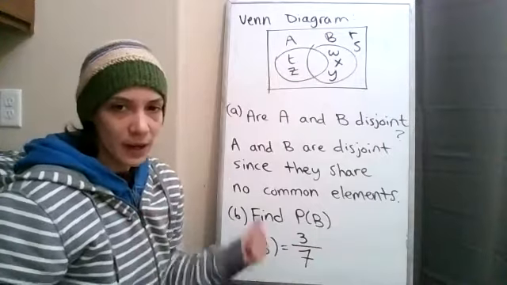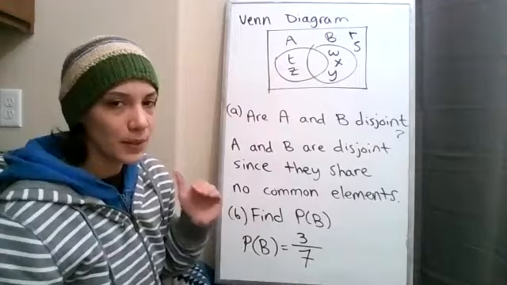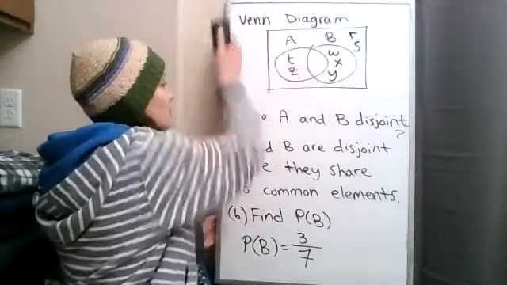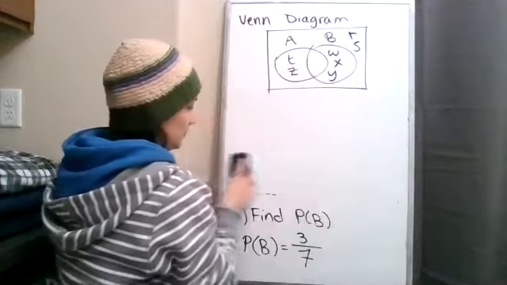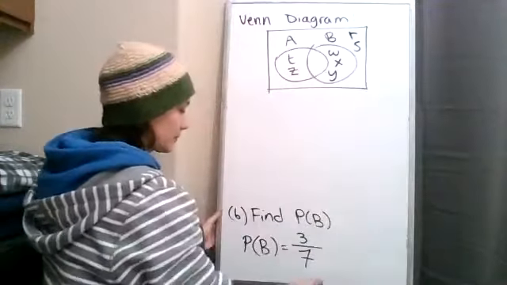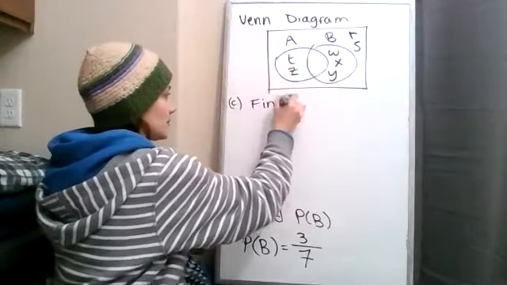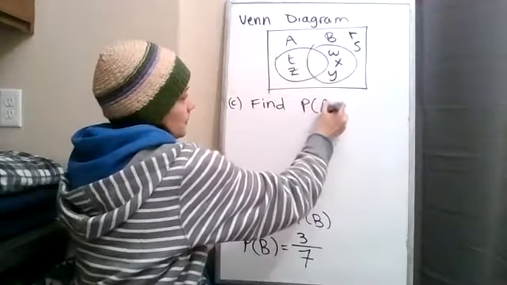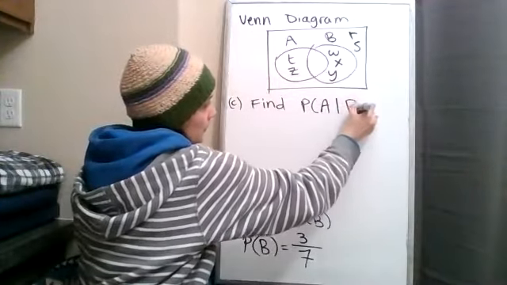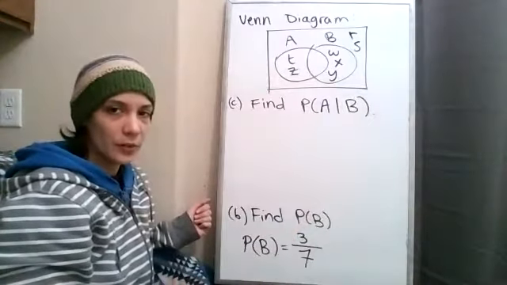We want, for part C, the probability of A given B. So we'll use the formula.